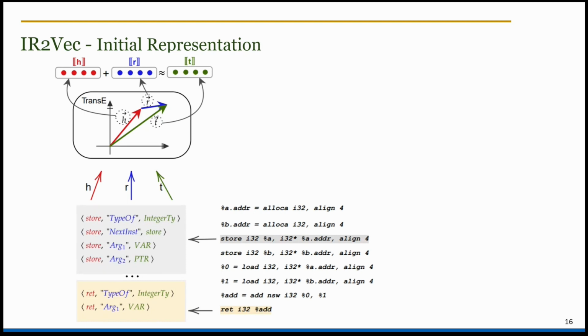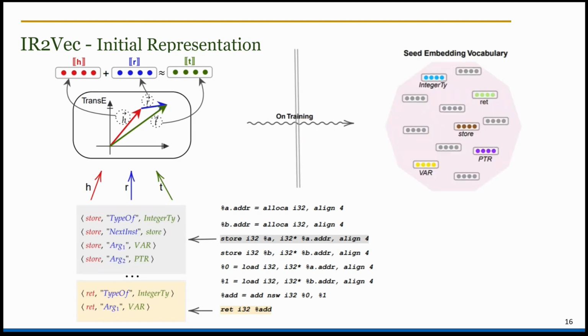At the end of training, we get an n-dimensional representation for each entity that was derived from the program. This becomes the vocabulary for us. We call this vocabulary the seed embedding vocabulary, and it contains the representation of each and every entity that we have seen. We learn this vocabulary on a good-sized corpus of programs, and this is a one-time business.